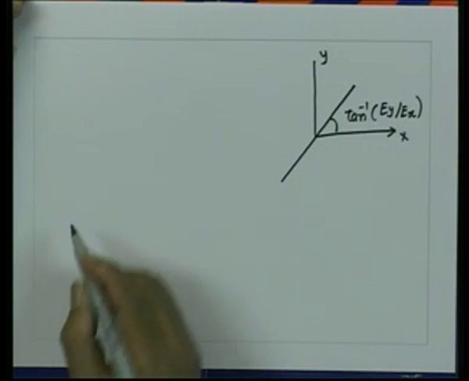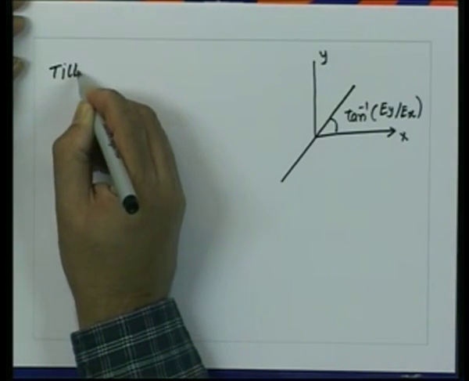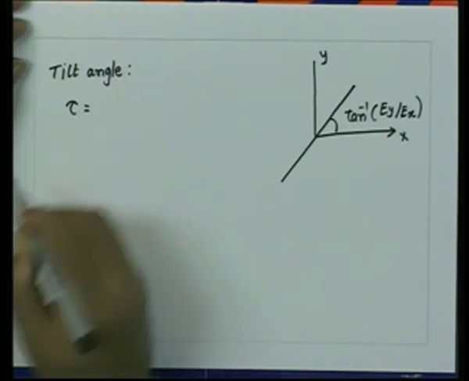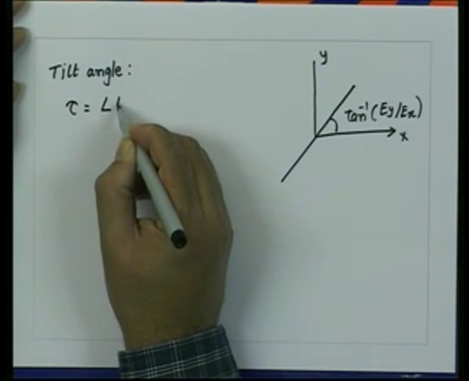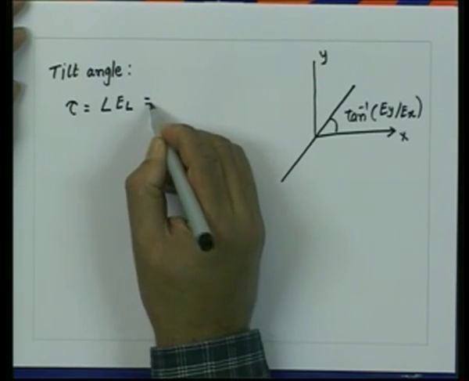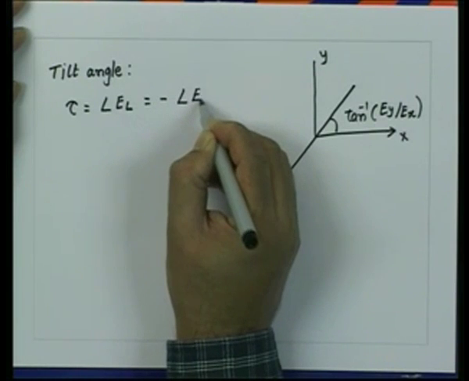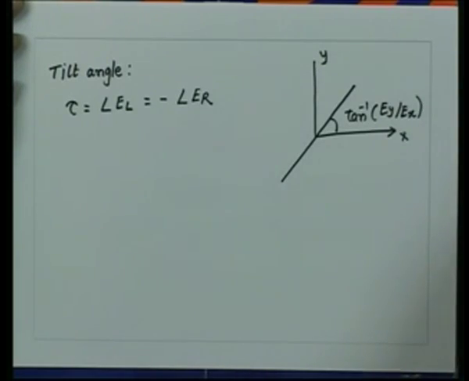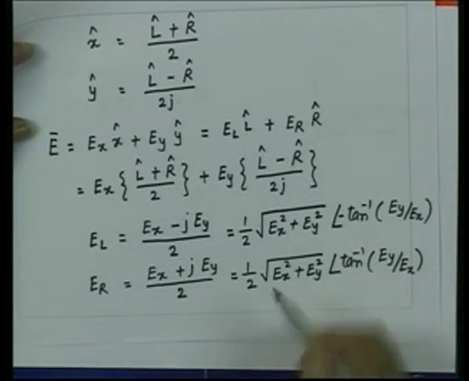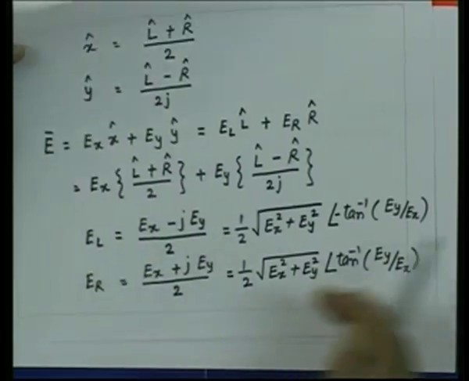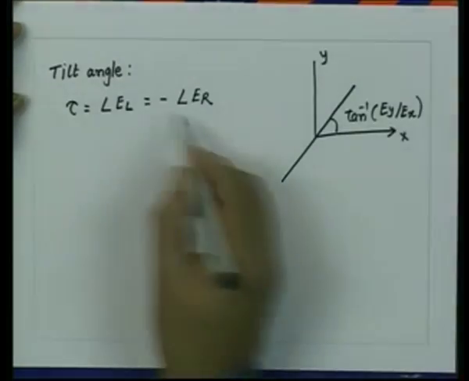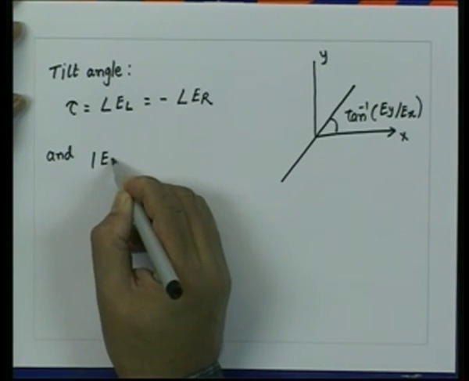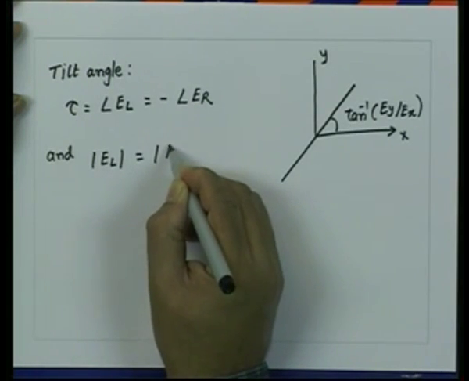So, what that means essentially is that the tilt angle tau is equal to the angle of E L, which is equal to minus angle of E r, and for a linearly polarized wave these two magnitudes are the same. So, mod E L should be equal to mod E r.